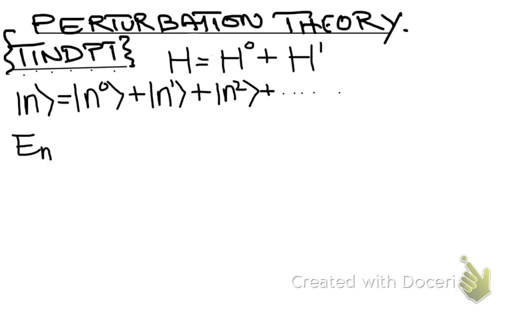Alright, now we can do the same thing for En. We can expand it in a perturbation series, and so we'll get En0, that is again our energy eigenvalue for our simpler problem, that is unperturbed, and then we can add some perturbed terms to it in such a way.